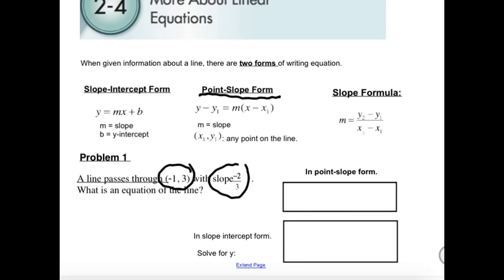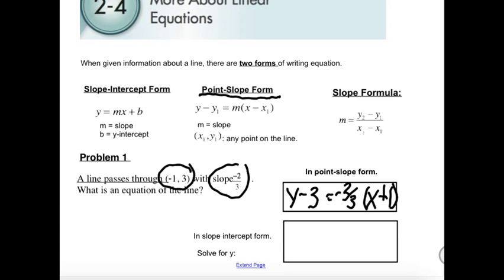Anything that doesn't have it stays. So this y stays there, minus y1 is going to be replaced with our 3 from our point, equals our slope, -2/3, and x stays because it doesn't have a subscript, plus 1, plus because we have a minus and -1. So that is our point-slope form.